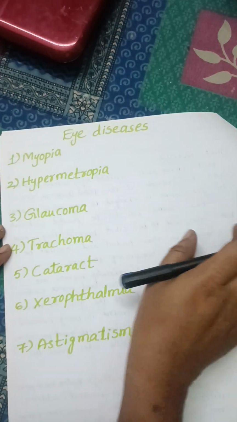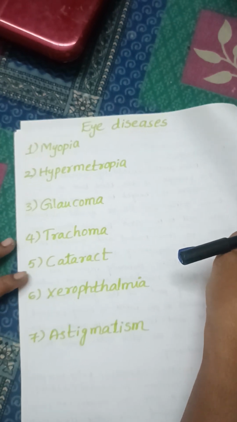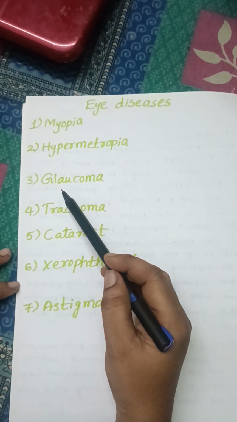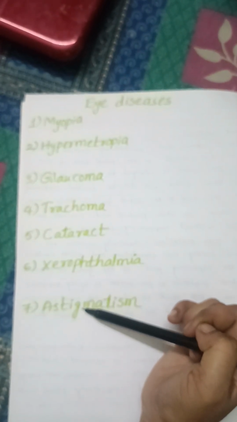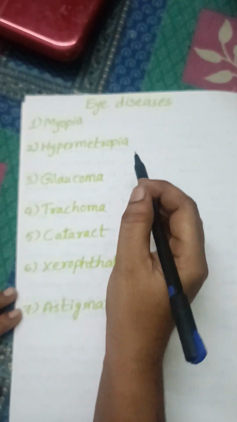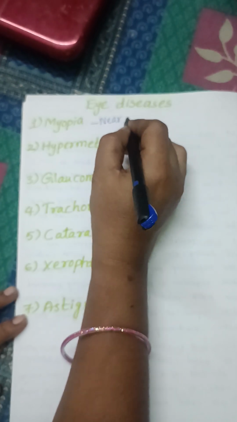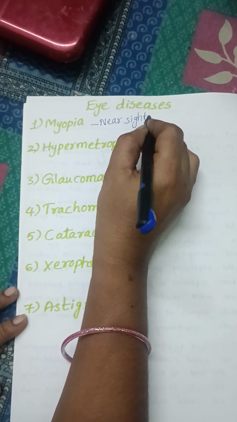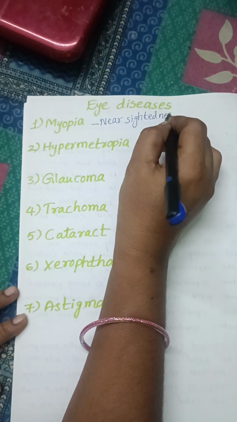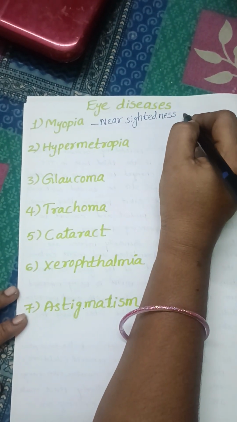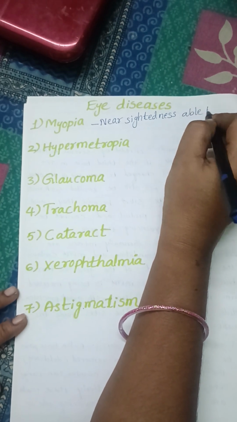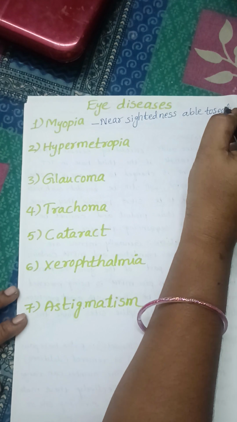So next topic is eye diseases. So these are the eye diseases: myopia, hypermetropia, glaucoma, trachoma, cataract, xerophthalmia, astigmatism. So myopia is nearsightedness, able to see only near objects.